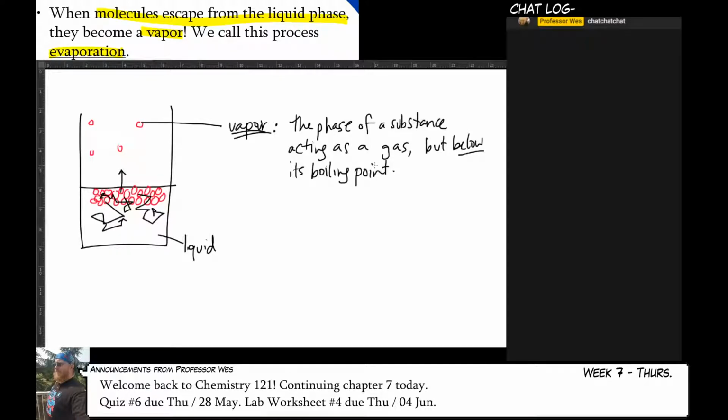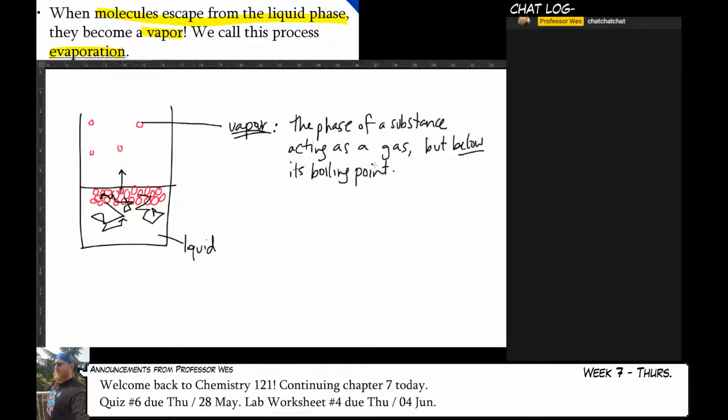So vapors are allowed to exist at any temperature you want. But if the temperature is below the boiling point, then we have to call it a vapor, even though it's behaving like a gas. The gas is what it is existing as, but the term that we use to describe it is vapor.